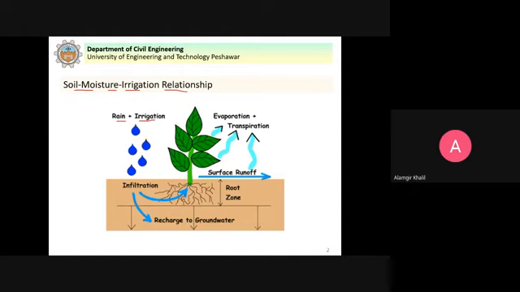When this water is supplied, some of the water appears as surface runoff, while the other portion infiltrates into the soil, and in the root zone this water is taken up by the roots of the plants and is used in the evapotranspiration process. There will also be percolation of this infiltrated water that will act as a recharge to the groundwater.